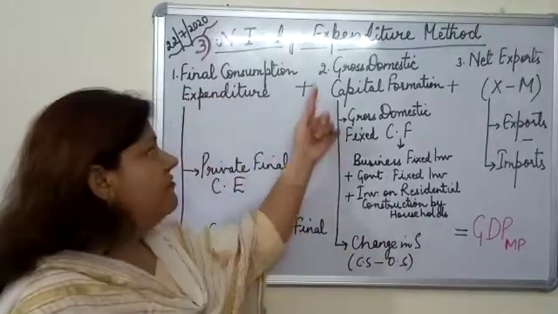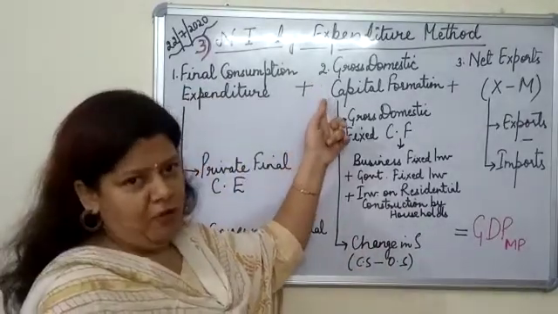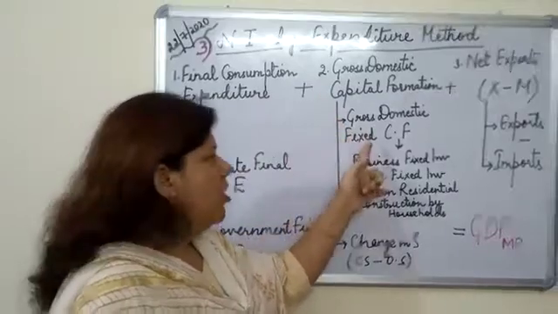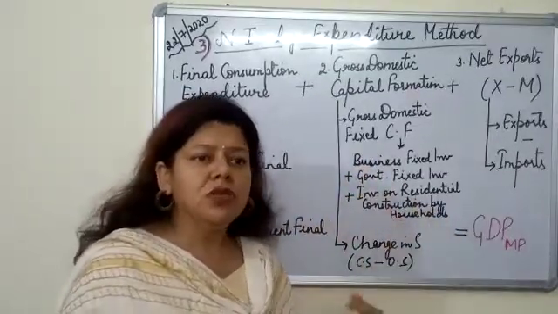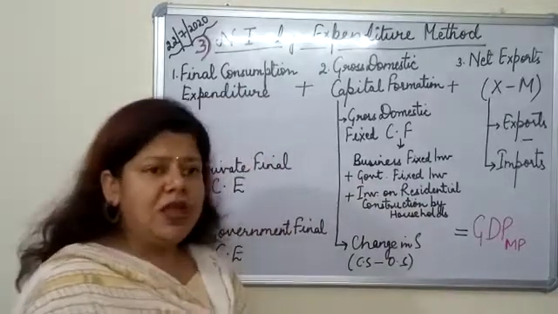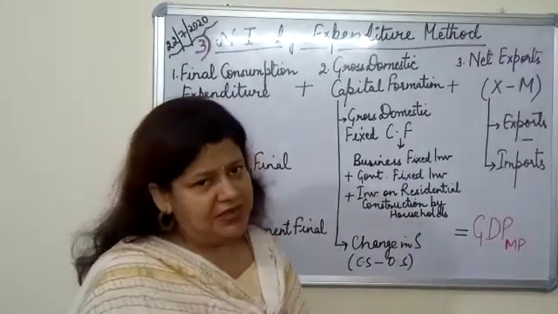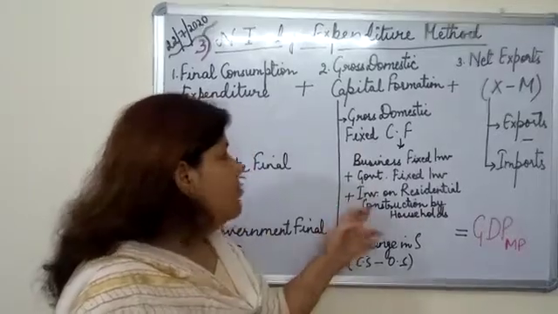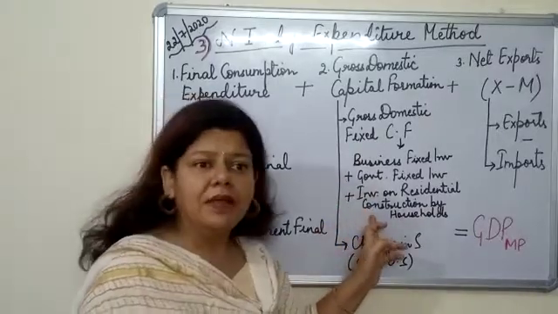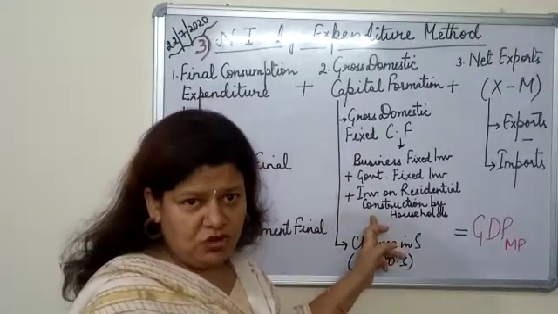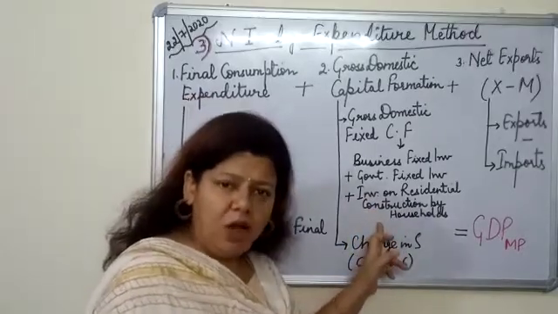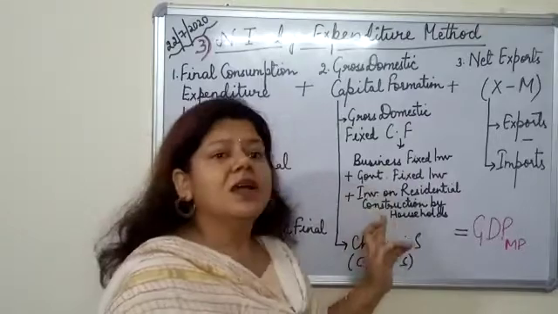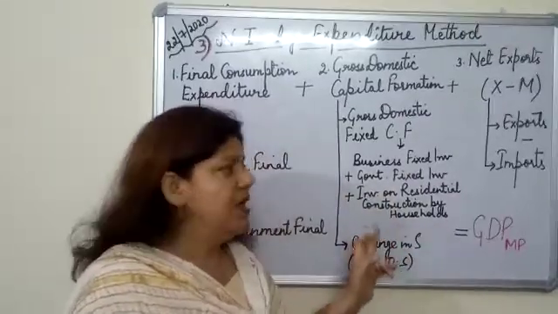These are domestic capital formation, which can be done by the government and also by business producers. The producers spend on fixed capital, and households make their residential constructions. The government builds roads and hospitals. All this is capital formation by the government.